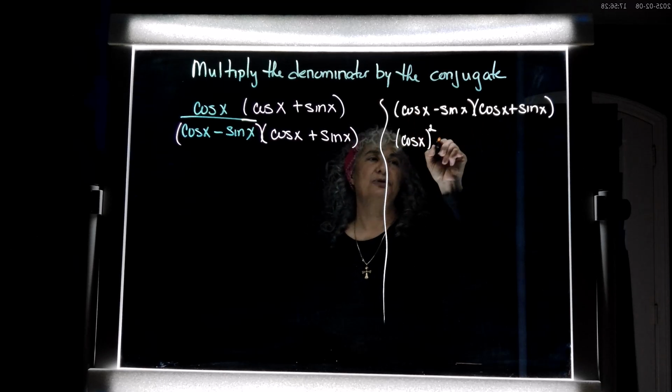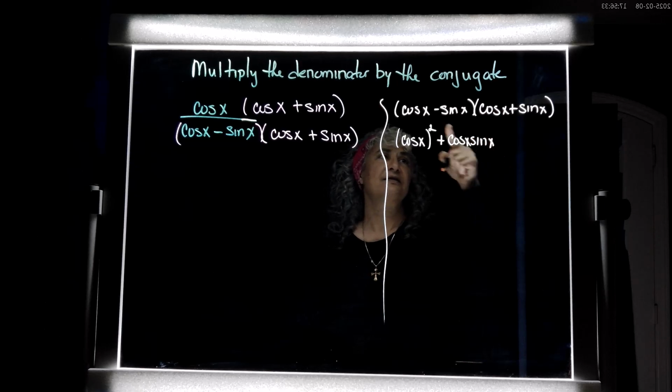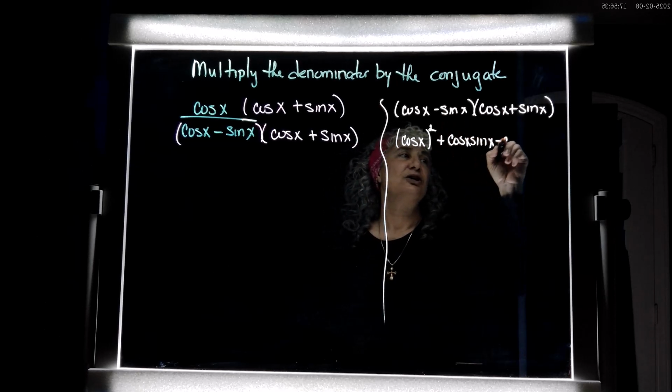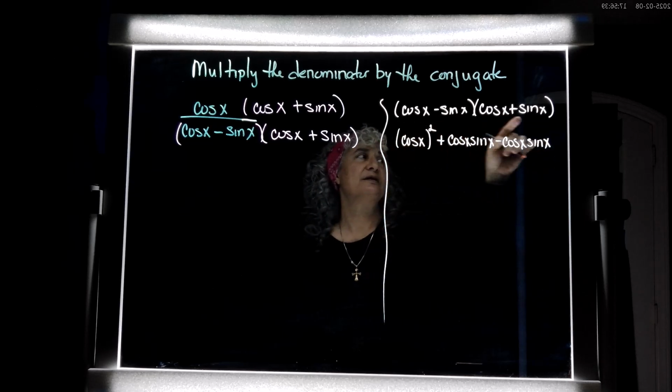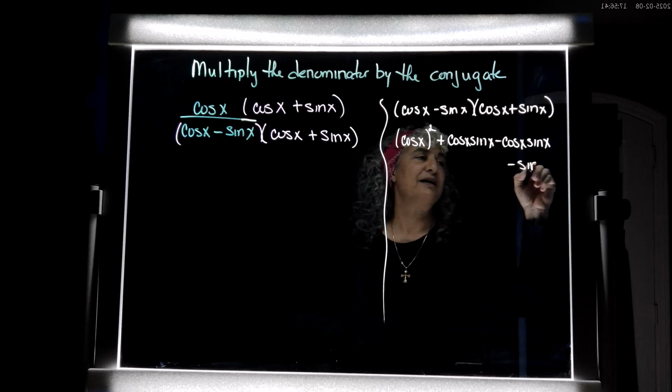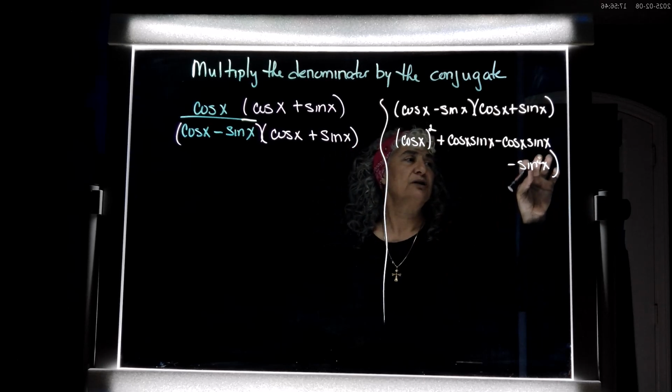And then plus cosine x sine x minus cosine x sine x. Oops, running out of board space. Minus sine squared x. Well, I'm going to do it this way for just a moment.